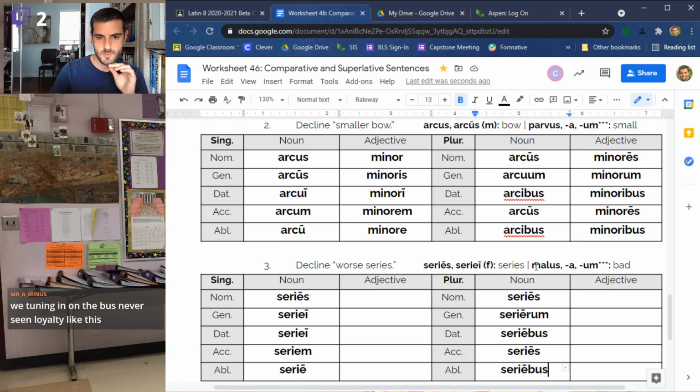Malus, another irregular comparative. Malus means bad. Peior is worse. Peior, peioris, peiori, peiorem, and peius, peiora.